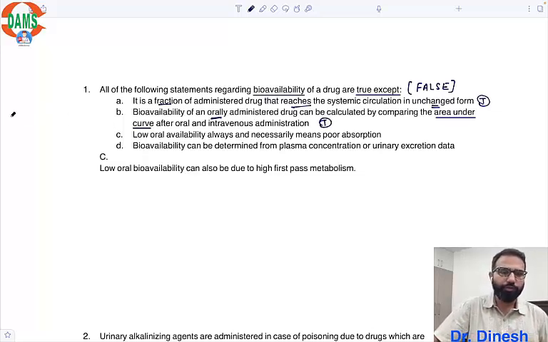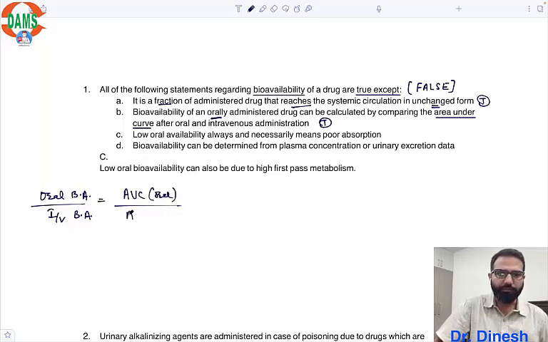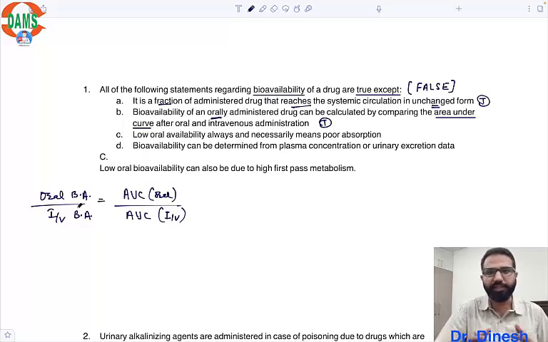Oral bioavailability divided by the IV bioavailability will be equal to the area under the curve for oral divided by the area under the curve for IV route. Since in IV you know it is 100%, you can easily calculate the oral bioavailability.